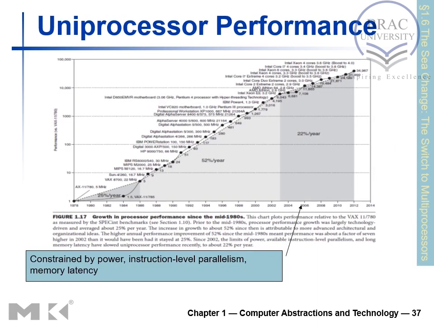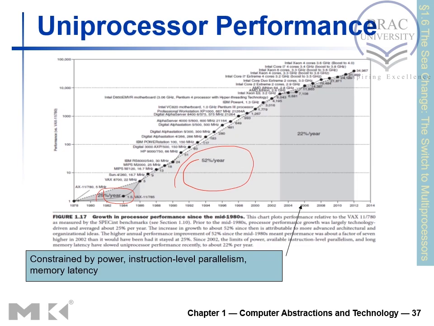In this diagram, you can see the performance of the uniprocessor system. Around this part, processor performance increased 25% per year, but around this part, it increased 52% per year.